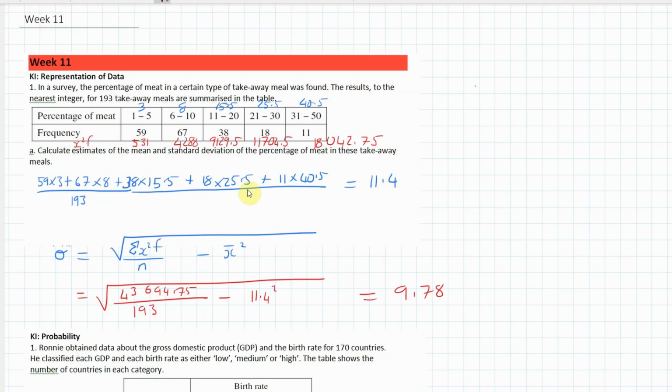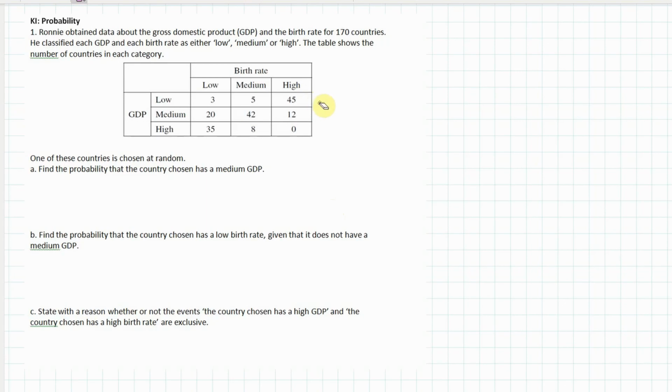And so for the probability question, we've got some data on GDP and birth rate in 170 countries. This chap's classifying GDP and birth rate as low, medium, high, as we see in the two-way table.